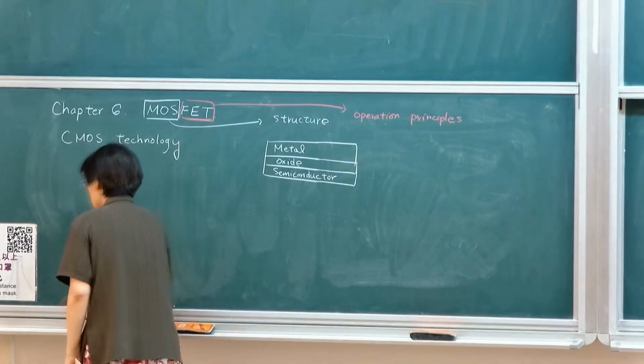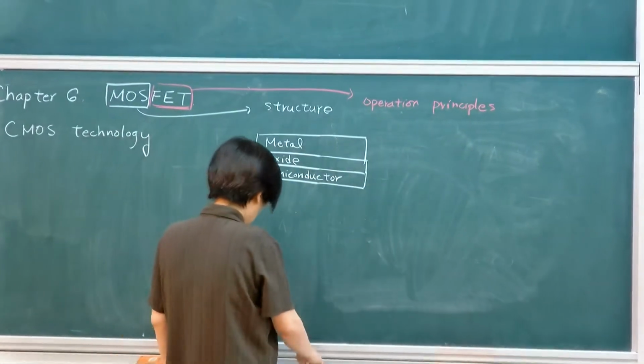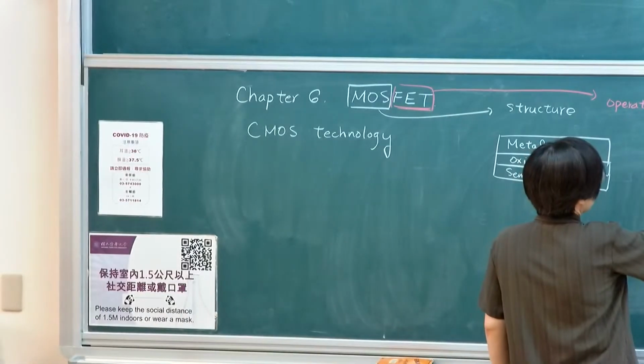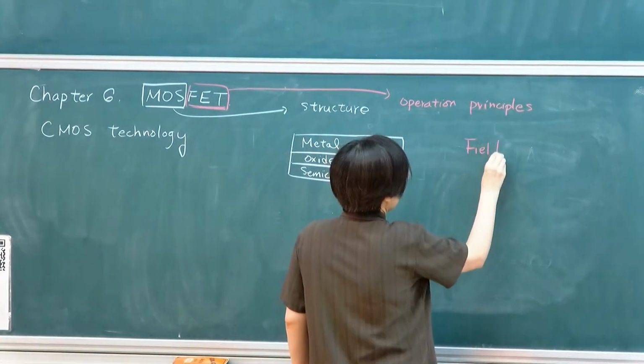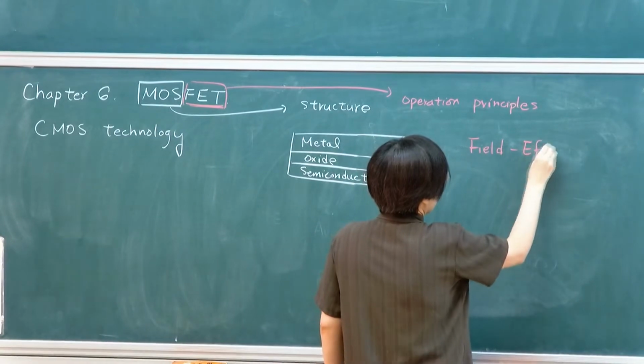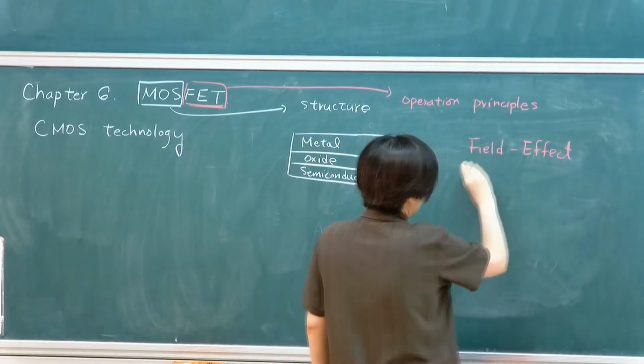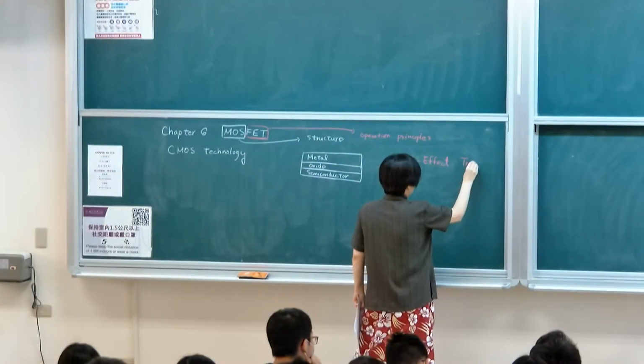So what does FET stand for? Field effect transistor. FE stands for field effect, and the last word, of course, is transistor.